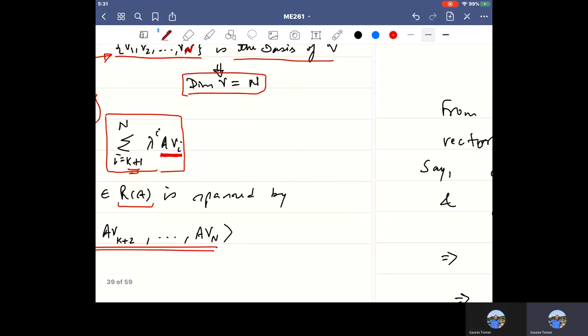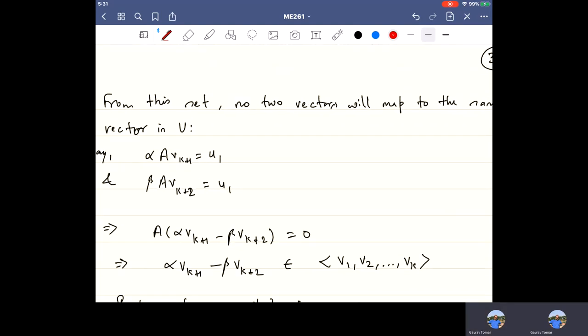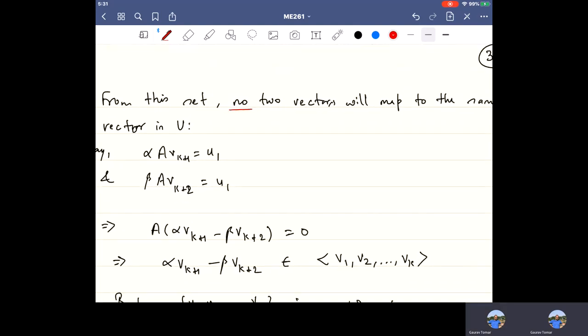Right? Now, from this set, we can say clearly that there are no two vectors that will map to the same vector. That means from this set, A v k plus 1 to A v n, you will have no vector which will get mapped to the same vector u.